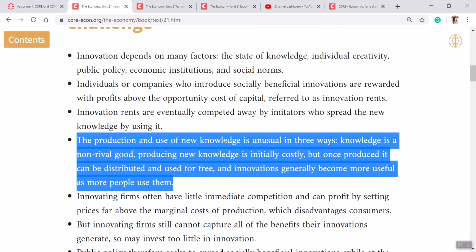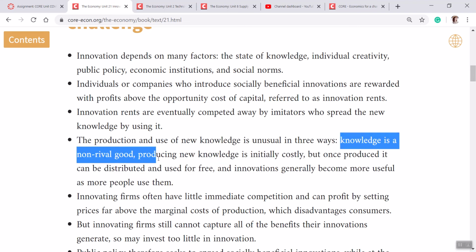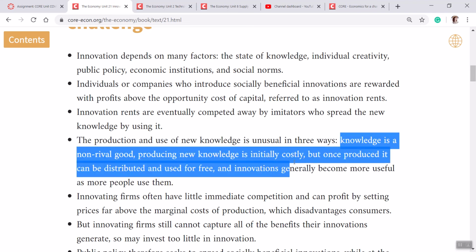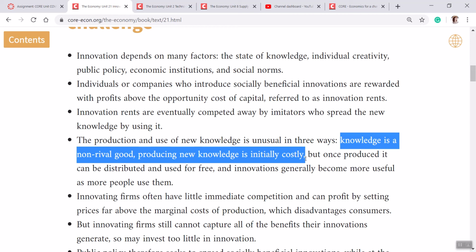It could be converted into products such as lessons, classes, and books. But knowledge itself is contained within the individual. So here we have: knowledge is a non-rival good. Producing new knowledge is initially costly, for example, creating a new curriculum or creating the ability to create a COVID-19 vaccine.